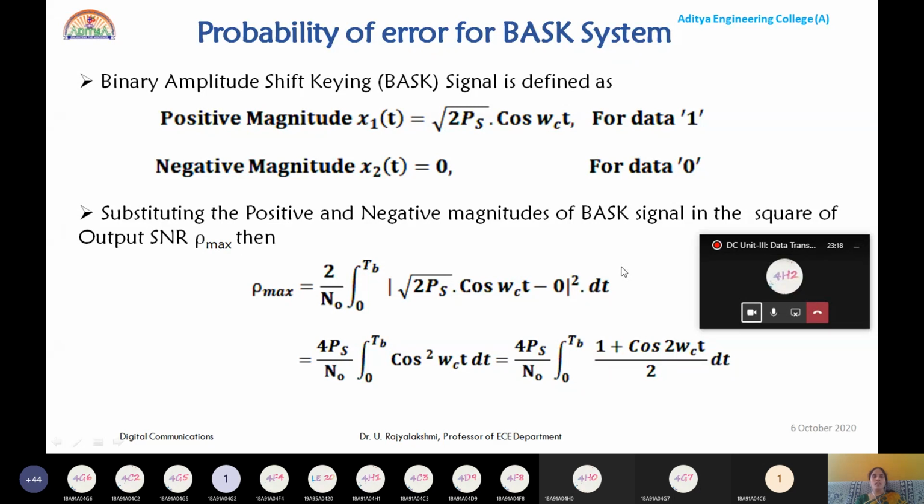Take 2 minutes and please solve for rho max, because we already solved the matched filter and followed the same procedure. Just take x1 of t as root 2Ps cos omega ct and x2 of t as 0.